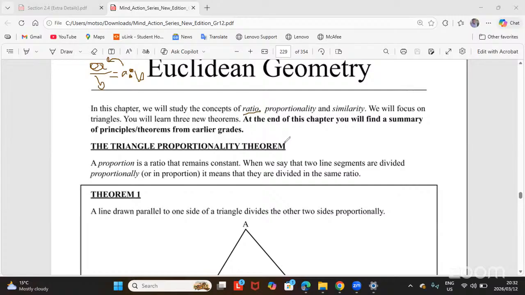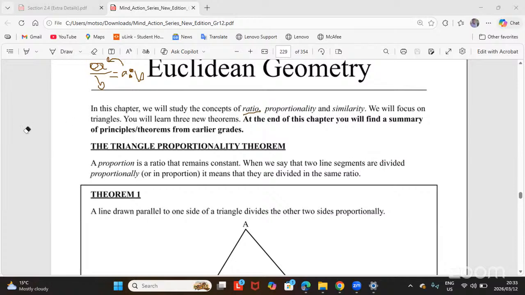Remember in grade 11, you guys talked about circle Euclidean geometry. Now we are going to work with triangles. Let me erase those shapes of mine there.